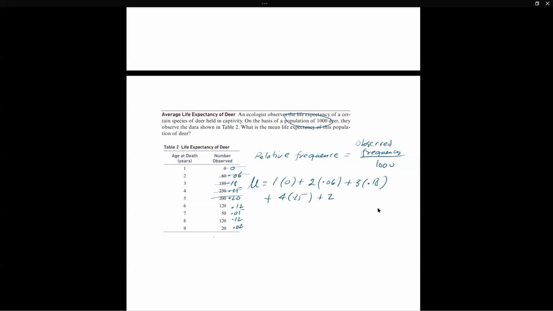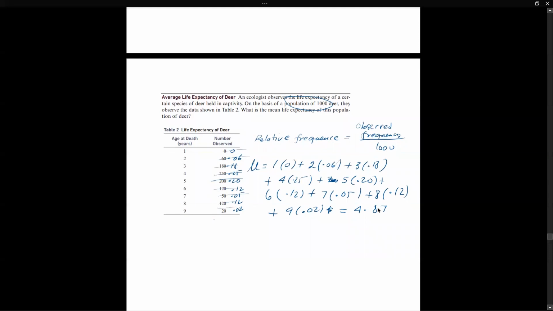Next one is this, which is a 5, a 6, a 7, an 8, and a 9, and that's done.